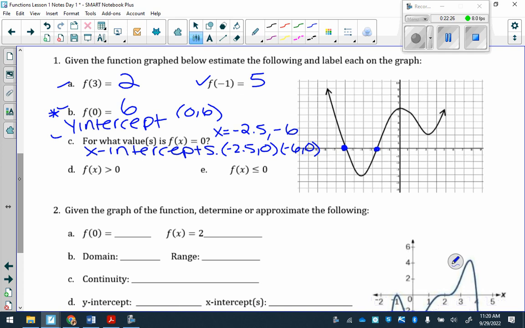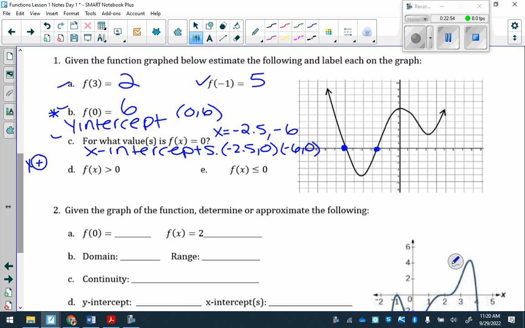So this means when y is positive. We're looking for intervals of when y is positive. I said above the x-axis, so would this piece right here be considered positive? The y value is positive? Yeah. Would this piece here be considered positive?